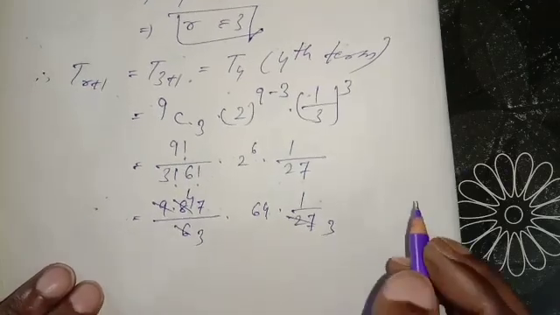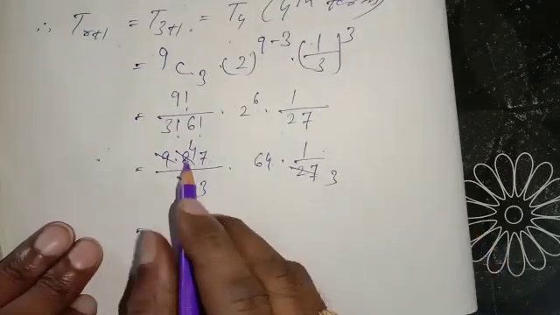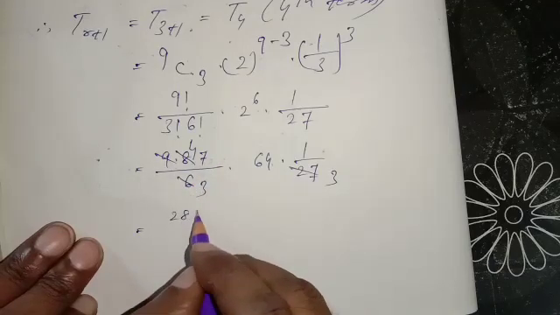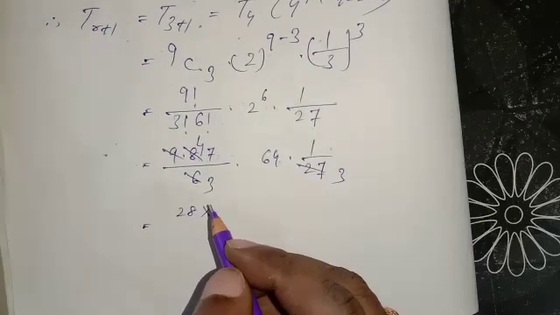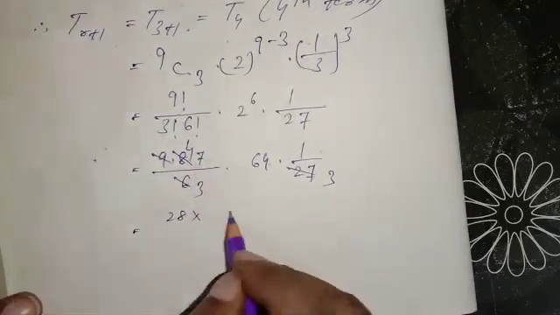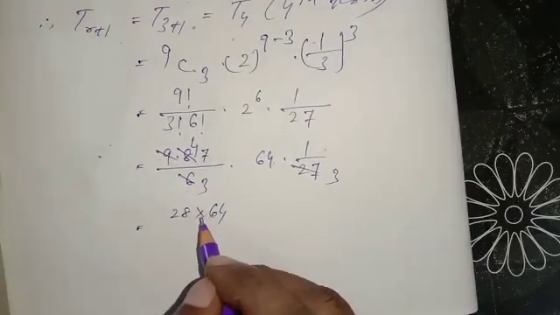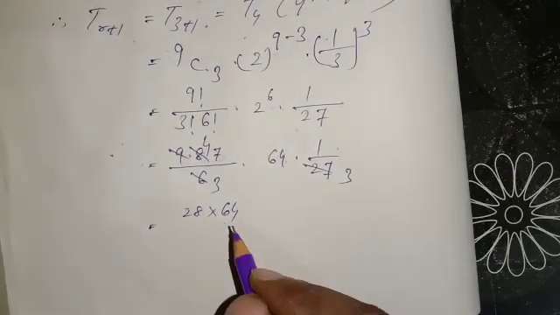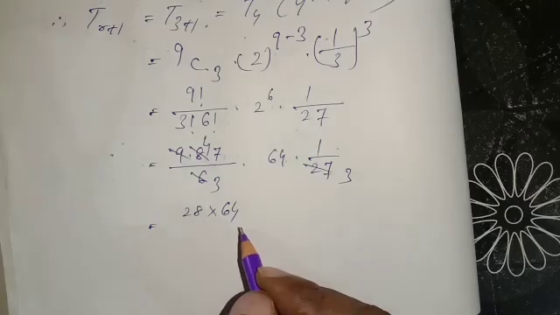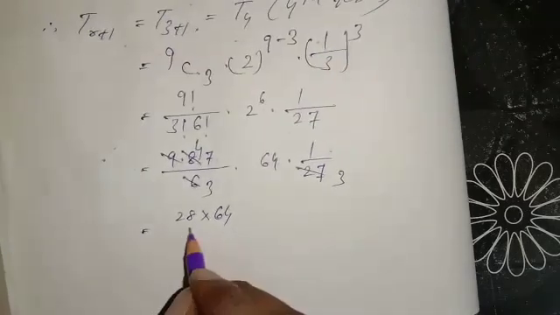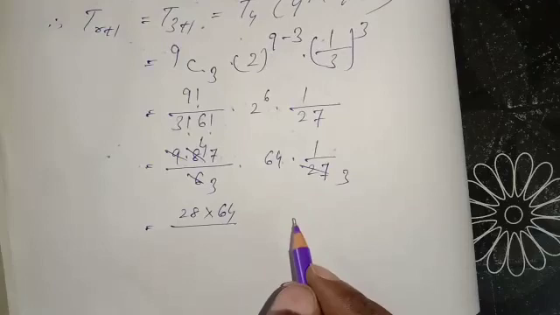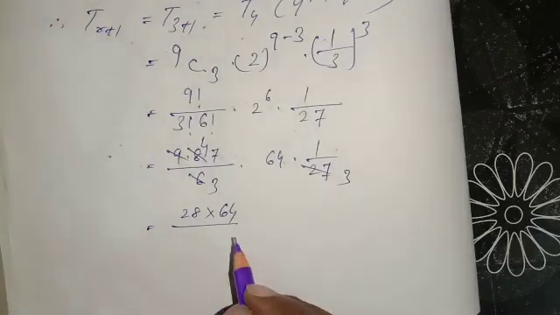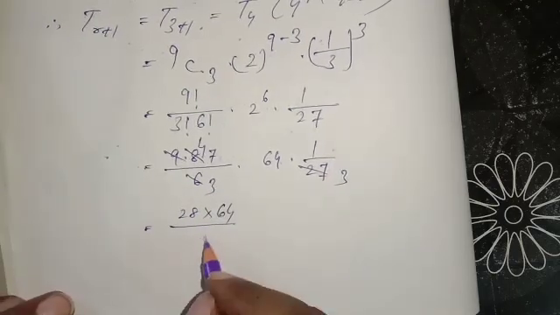Next, the result you are getting here: 4 into 7, 28, into 64. 28 into 64, divided by how much? 3 here, 3, 9 coming.